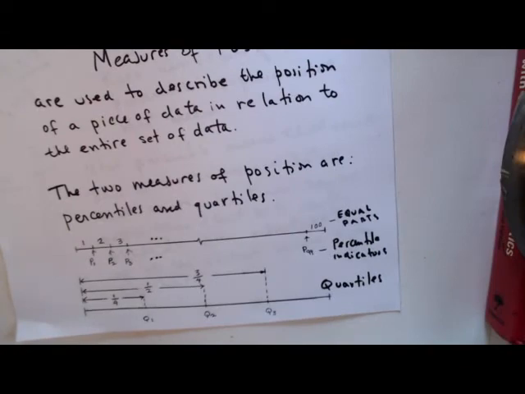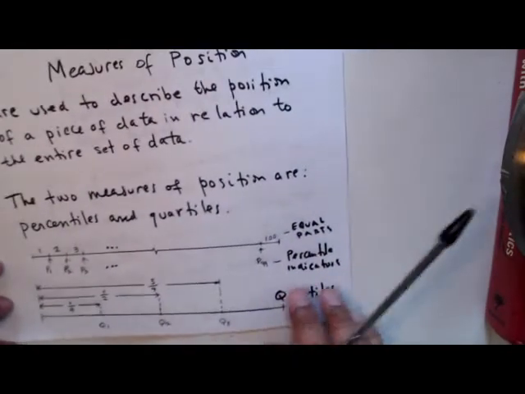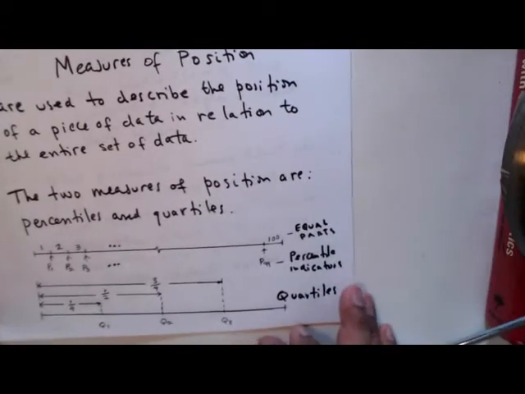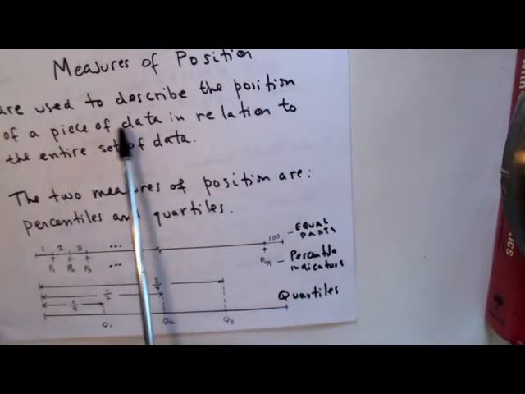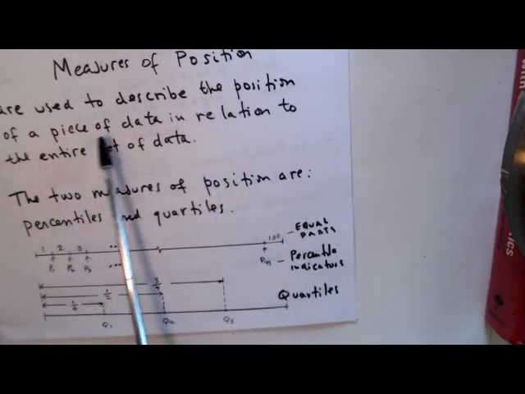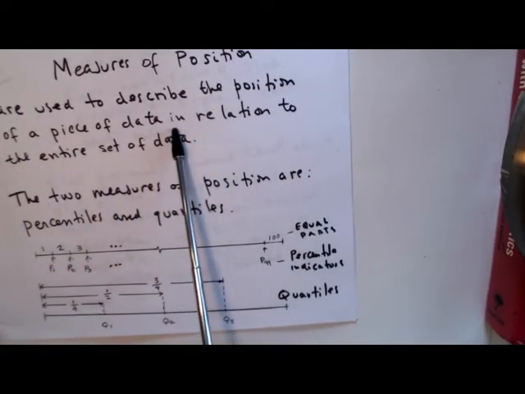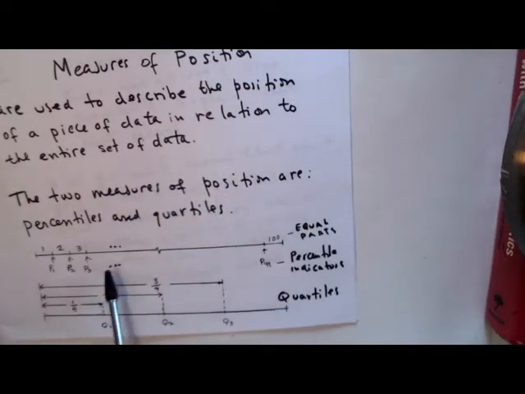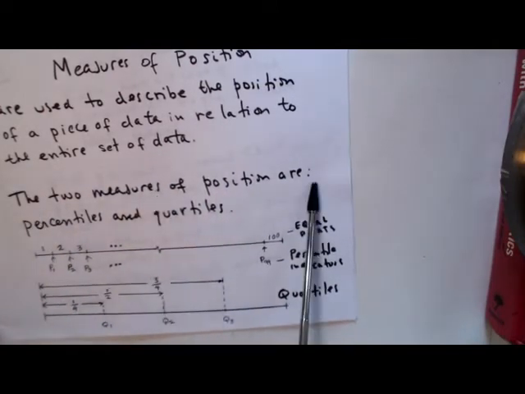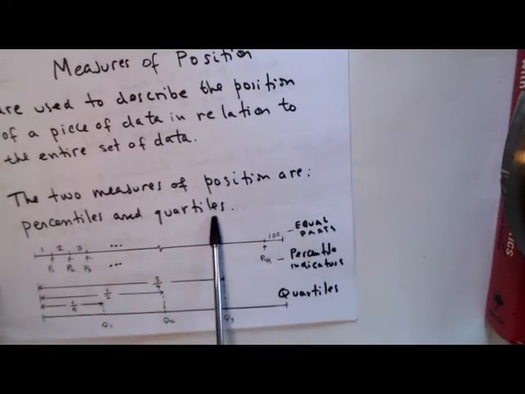Now we move into an area that requires some careful attention. The measures of position are used to describe the position of a piece of data in relation to the entire set of data. So there are two measures of position, and these are the percentiles and quartiles.